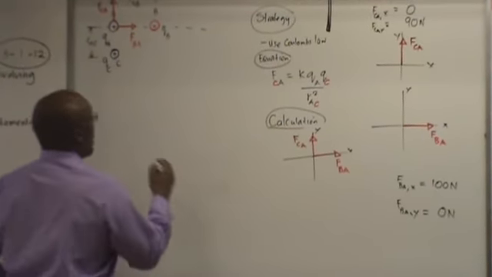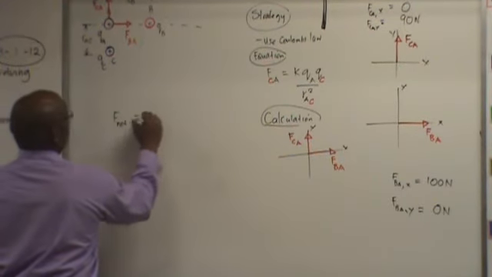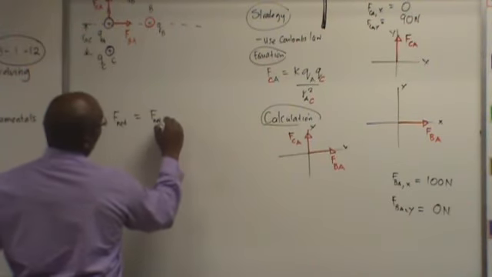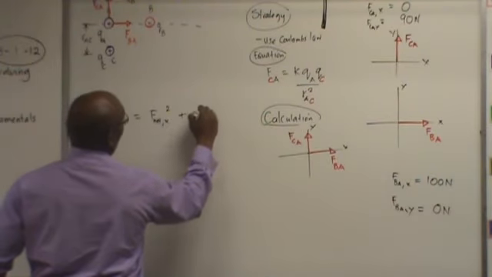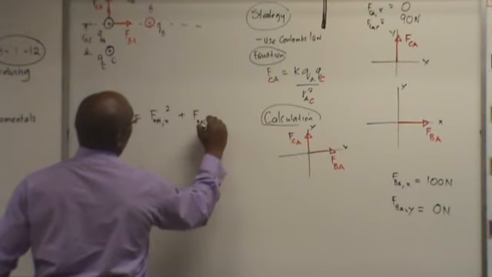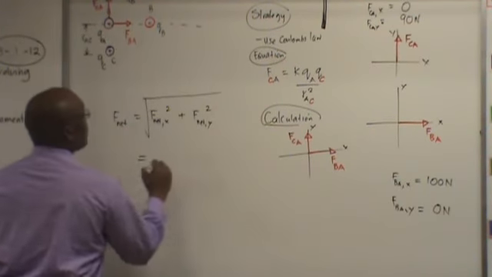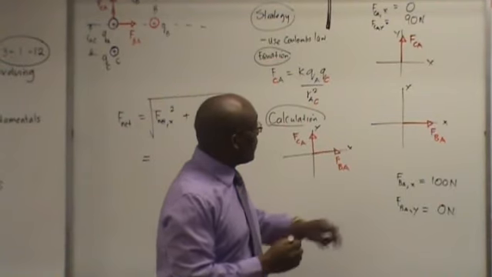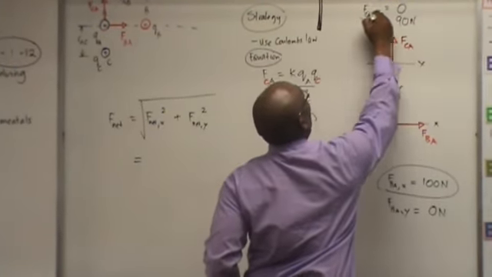So now, I need to get F net. F net is equal to the square root of F net x squared plus F net y squared. So what is F net x? You add up all the x components, right? So here, this is my first x component. This is my next x component.